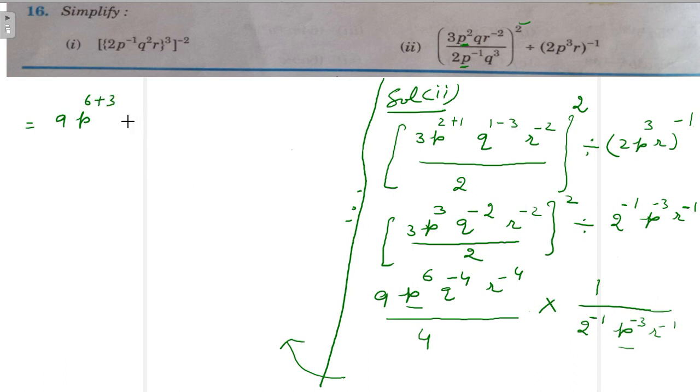Q is not there, not here, so it will be written as it is, and r is minus 4 here, and this will become plus upon 4, multiplied, this 2 is of minus, we will write it here to make it positive, right, into 2.